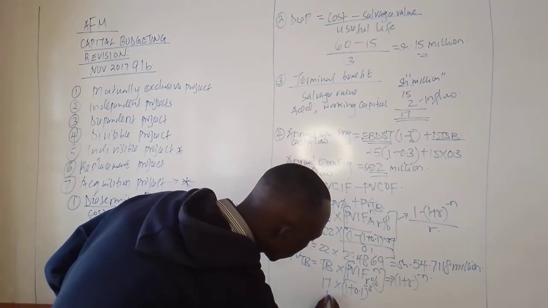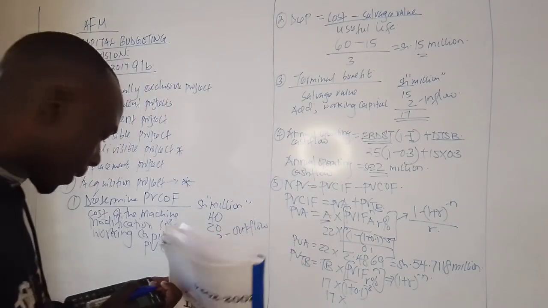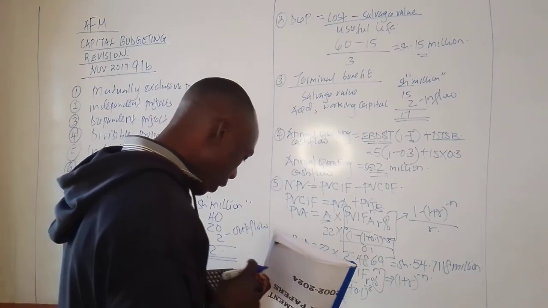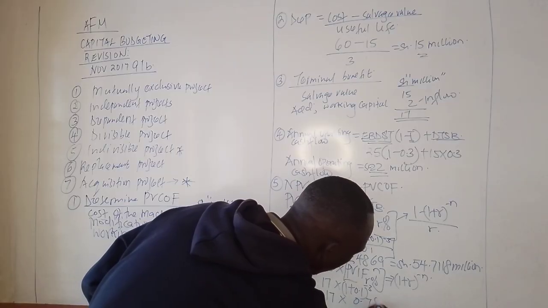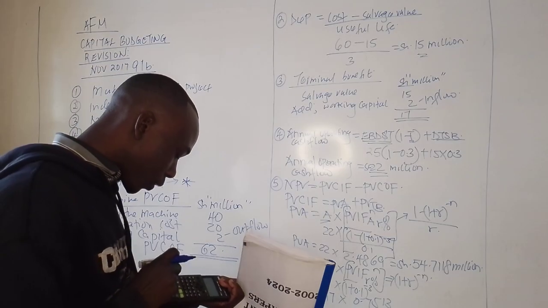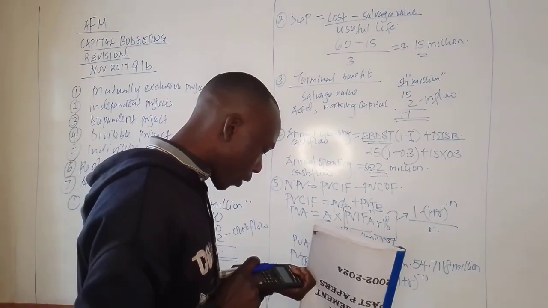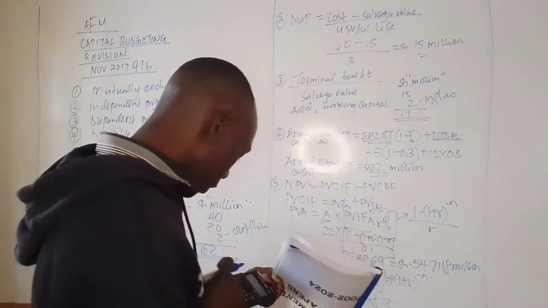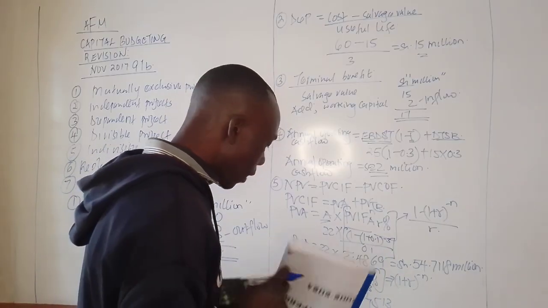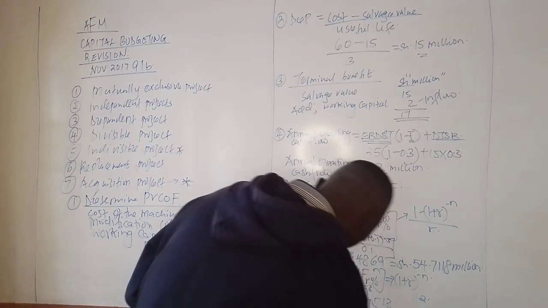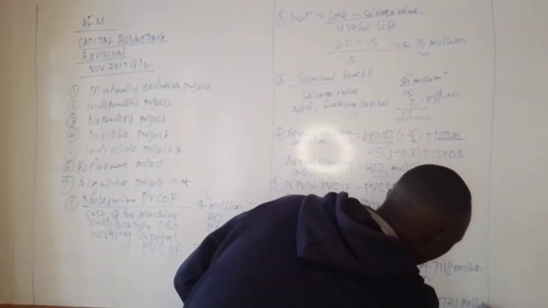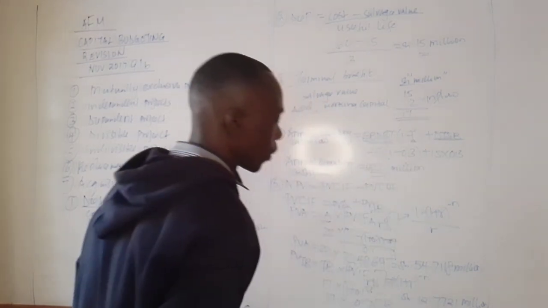So in our case, it will be 17 times 1.1 raised to negative 3, which is 0.7513. So take 17 times 0.7513. In our case, it is 12.7721 million shillings. That is what we have.